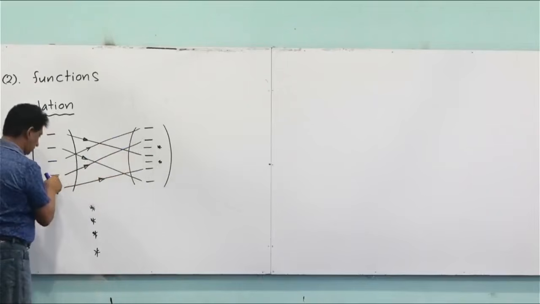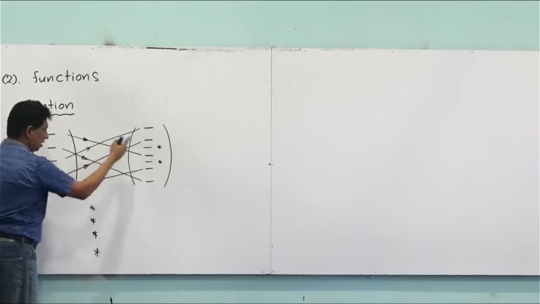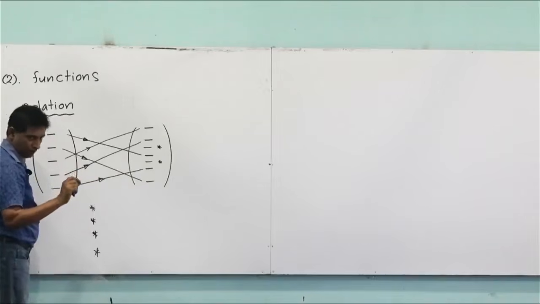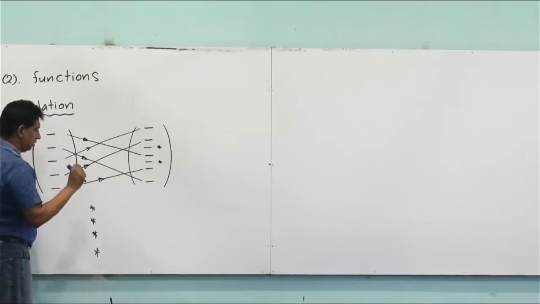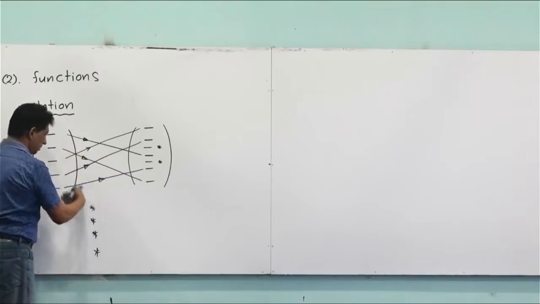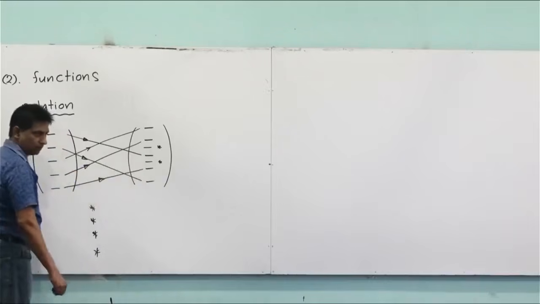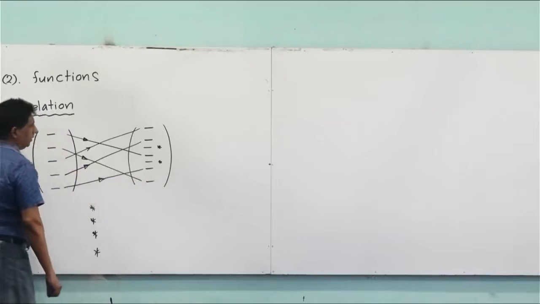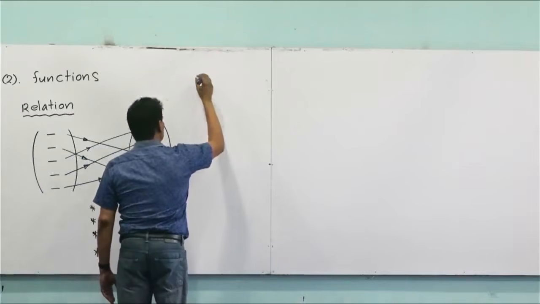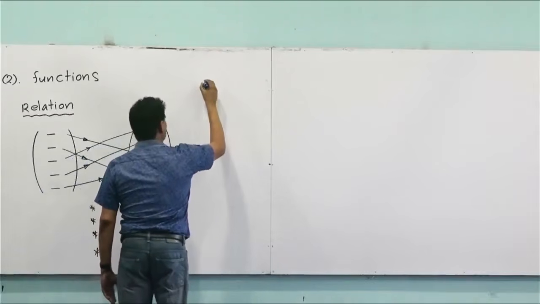If we add 2 to 3, the answer is 5, no? That is the same mathematical operation, right? Then there is a relationship between the first set and second set. Then there are two types of mathematical relations we have to study.